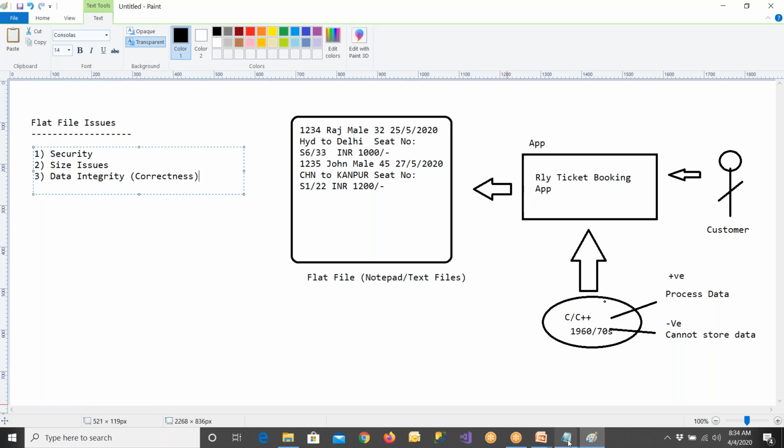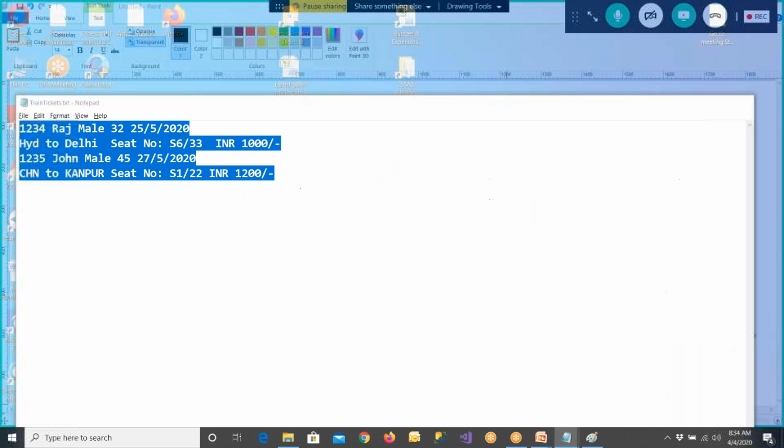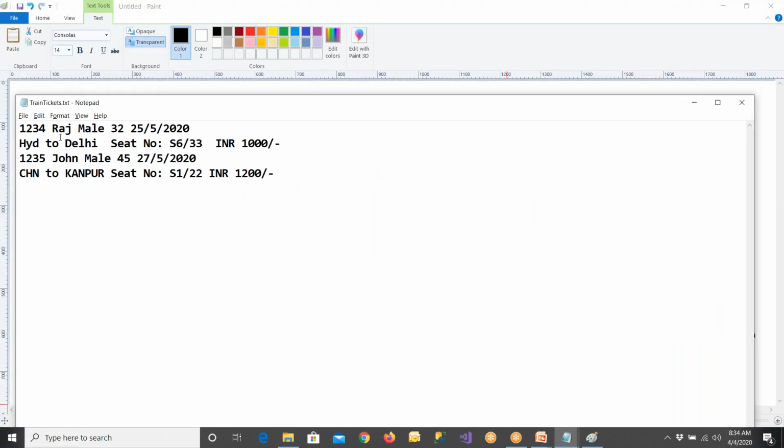So if I go to this data, there is no proper security, anybody can tamper with the data. Raj is supposed to be male, but somebody entered ABC. Can we have ABC as a gender? And somebody has entered the date as 205 54 2020 like this, and the people are saving the data.